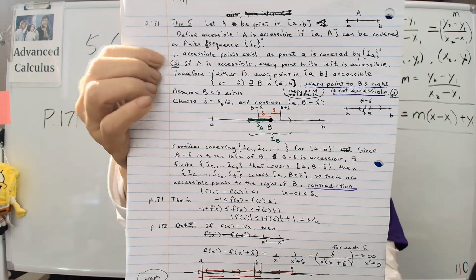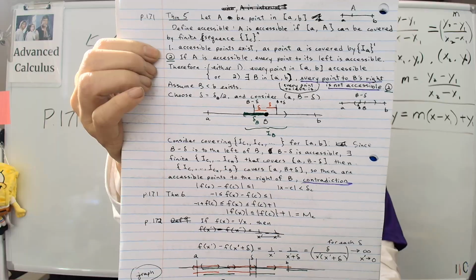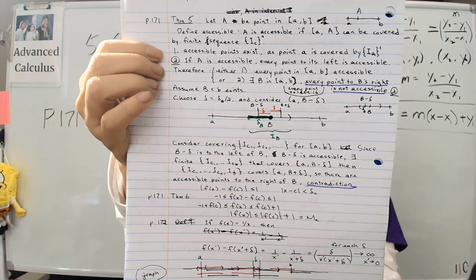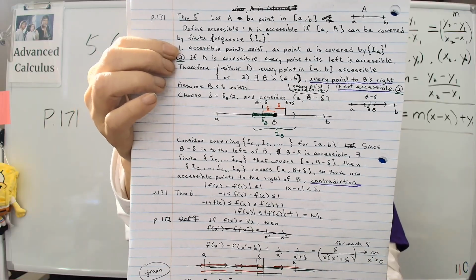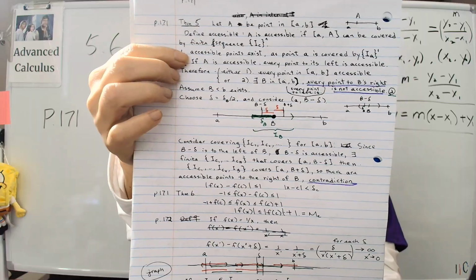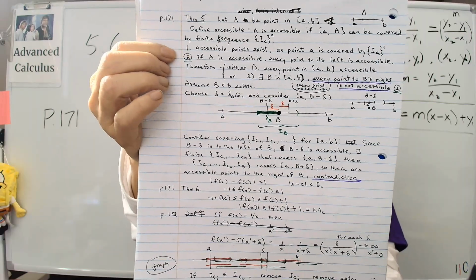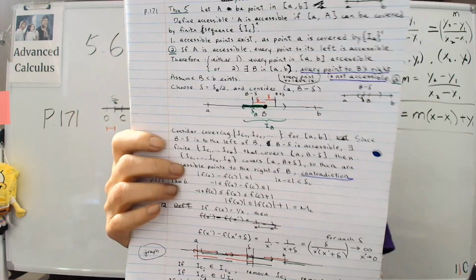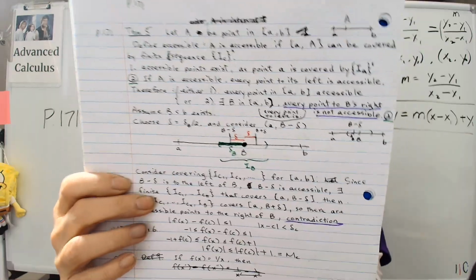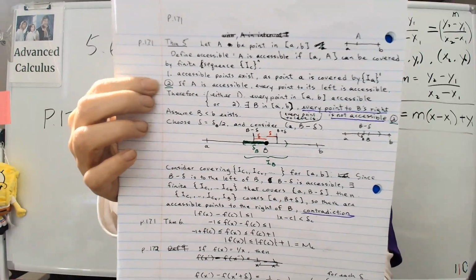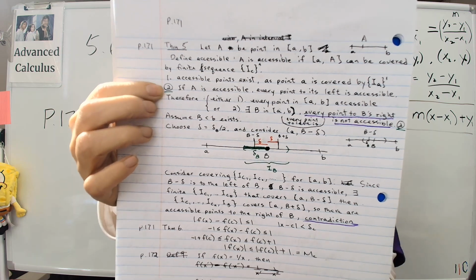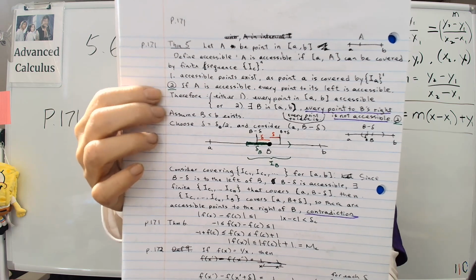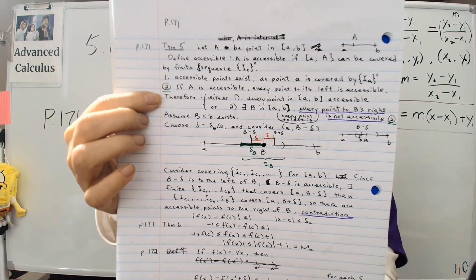Next, if a point A is accessible, then every point to its left is accessible. Because if A can be covered by a finite collection, anything to the left can be covered by the same collection, so it is also accessible. Therefore, right now we're left with two possibilities.